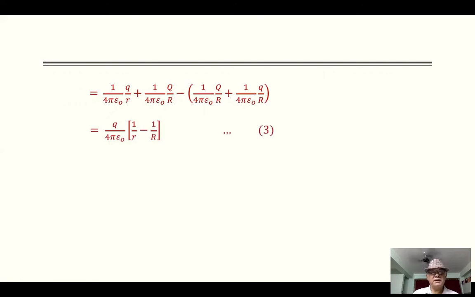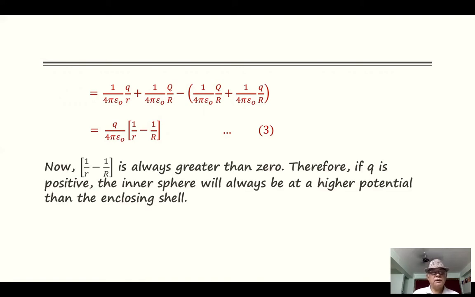The final result is q by 4 pi epsilon naught, bracket start, 1 by small r minus 1 by capital R, bracket close. This is equation 3. Now, the quantity inside the bracket, that is 1 by small r minus 1 by capital R, is always greater than 0. Therefore, if q is positive, the inner sphere will always be at a higher potential than the enclosing shell.